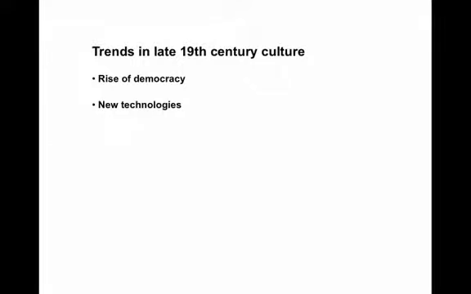Now, in the late 19th century, when this architecture was being built, there are 2 major threads going on. One is the rise of democracy. Now, that's going on since the American Revolution, at least, but it's becoming more real.